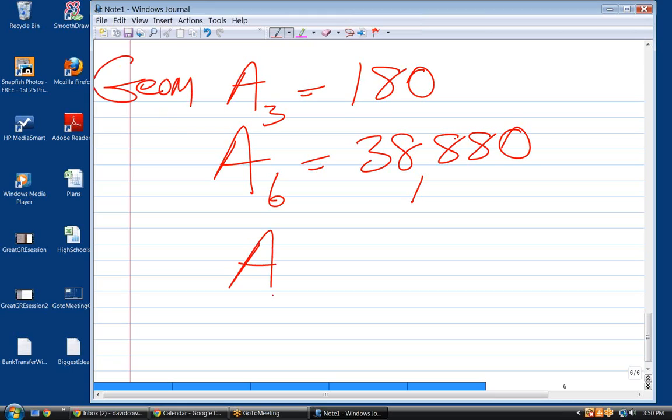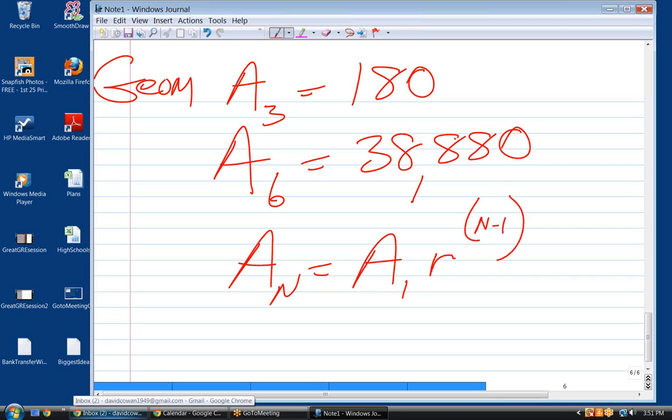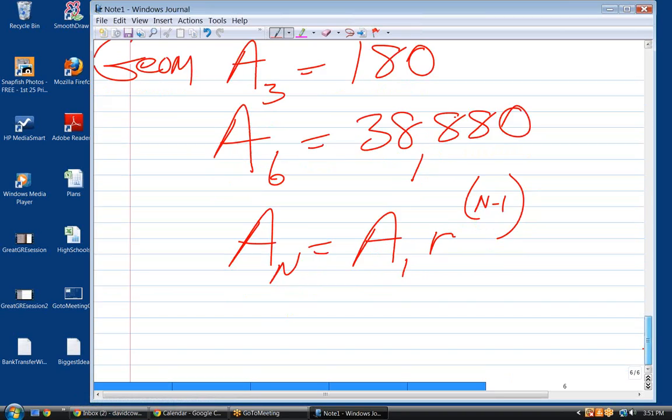So the nth term, what's the general format for the nth term? Sorry, trying to remember. It's the first term times the ratio, and then r to the n minus 1. Okay. So the fact that they've given us 3 terms allows us to generate 2 equations with 2 unknowns.